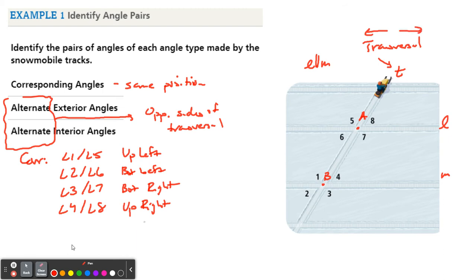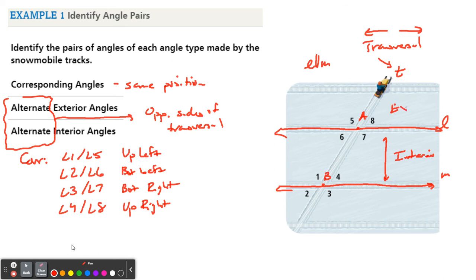Now, I also see these words exterior and interior. Where is that? Again, if this is line L and this is line M, then the interior is in between those two lines. This space right in here is the interior. That means the outer regions above and below these parallel lines are called the exterior.